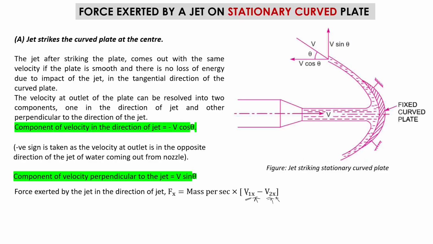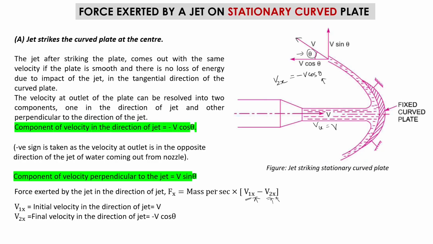The initial velocity v1x in the direction of the jet is basically V, and the final velocity, coming out tangentially from the fixed curved plate, is negative V cos theta. So this is my v2x. So v1x is V and v2x is minus V cos theta, and this theta is basically this theta.